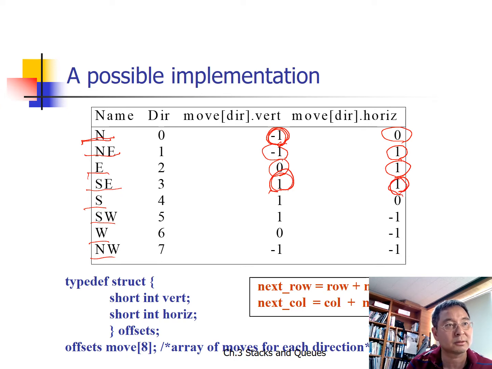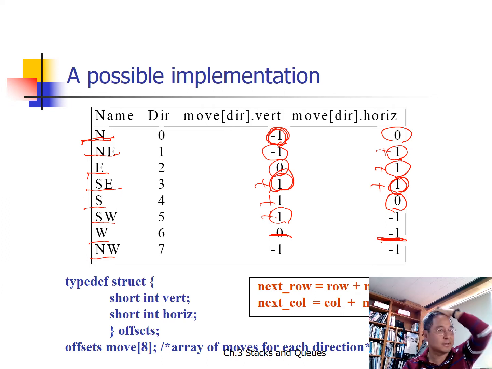South is changing only the row value, so +1, and the column does not change. Southwest will be +1, -1, and west means that the row value does not change, but the column value decreases by 1, -1. And northwest is changing -1, -1.